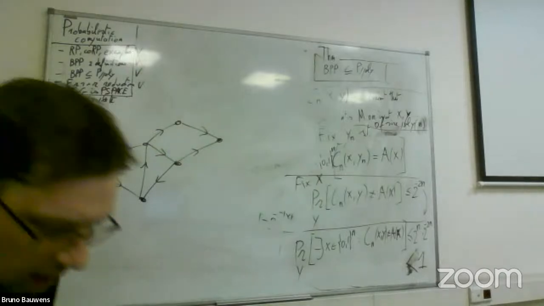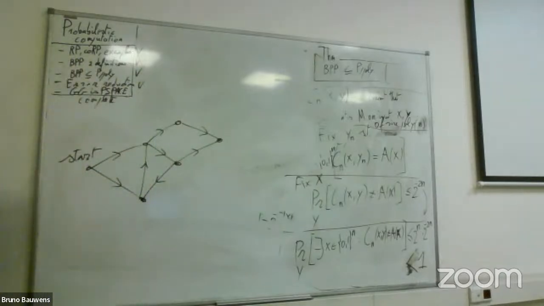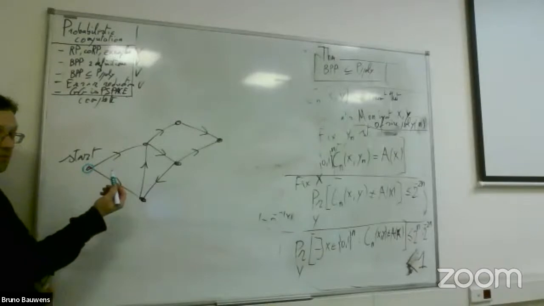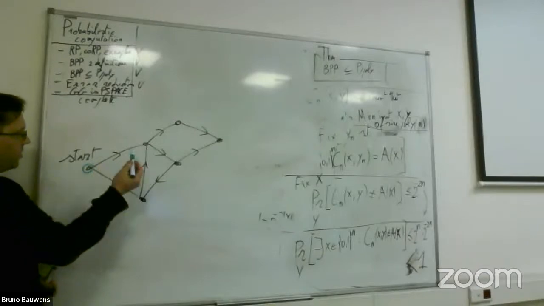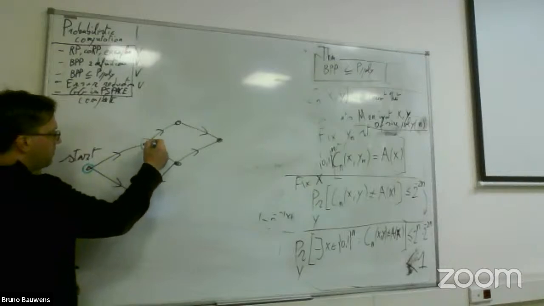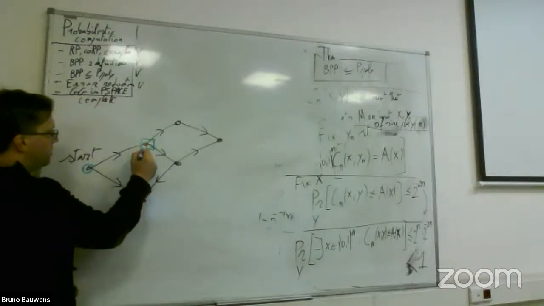The players each in turn have to choose an outgoing edge from the current node. The first player will choose, for example, this node. Let's use squares for the second player.